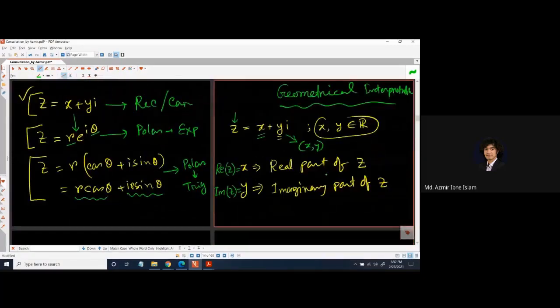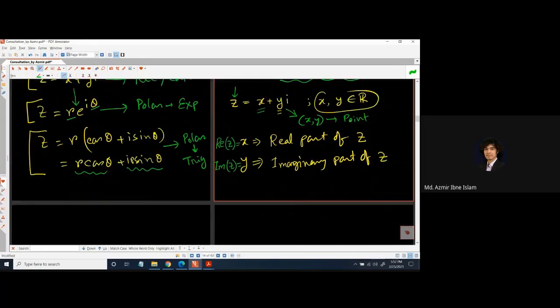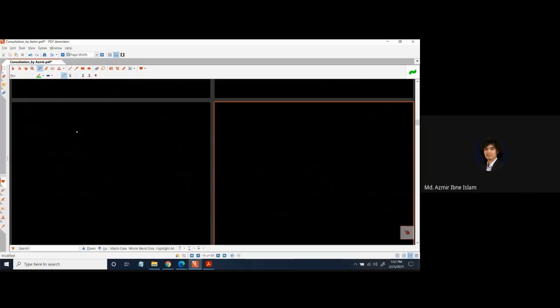This is just a point. Now you know how we can locate a point in the Cartesian coordinate system. So let's say we have the Cartesian coordinate system, with x-axis and y-axis.